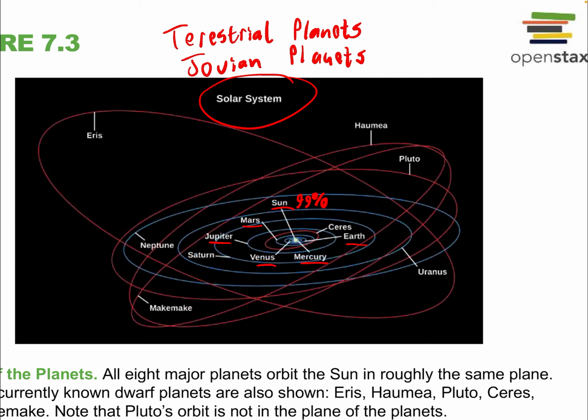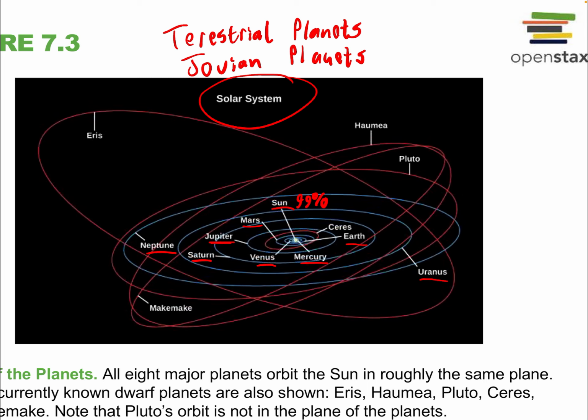Okay, so the Jovian planets are the gas planets, the terrestrial planets are the rocky planets. There are 4 rocky planets, as I already mentioned: Mercury, Venus, Earth, and Mars, in that order. Going with the Jovian gaseous planets, starting closest to the sun and moving outwards, we have Jupiter, Saturn, then we have Uranus, and then finally at the greatest distance, Neptune.